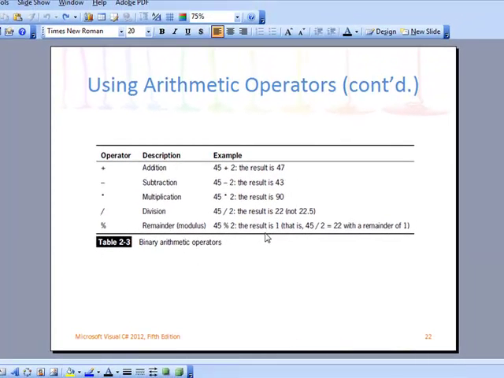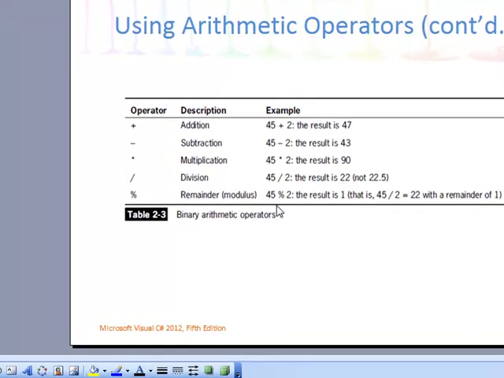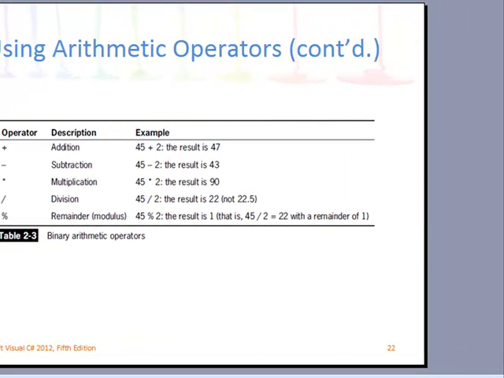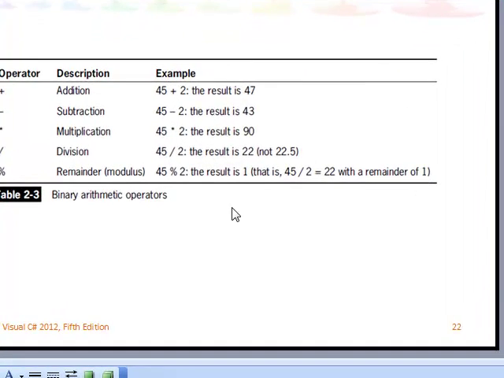Modulus is just the remainder of a division. With modulus, remember whole numbers. In their example here, 45 modulus 2. If you divided 45 by 2, you would get the number 22, but there would be a remainder of 1. So the modulus is 1. Remember, the modulus is the remainder.